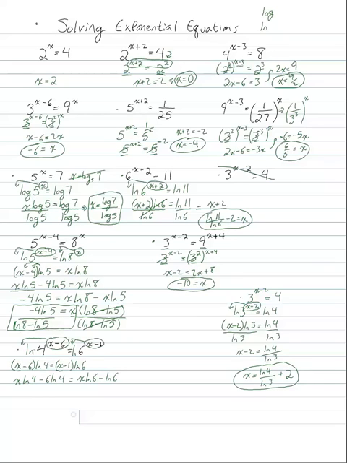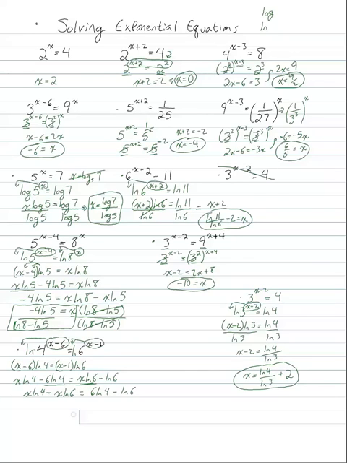So I'm going to subtract x natural log of 6, and at the same time, add 6 natural log of 4. So I'll get x natural log of 4 minus x natural log of 6 equals 6 natural log of 4 minus natural log of 6.